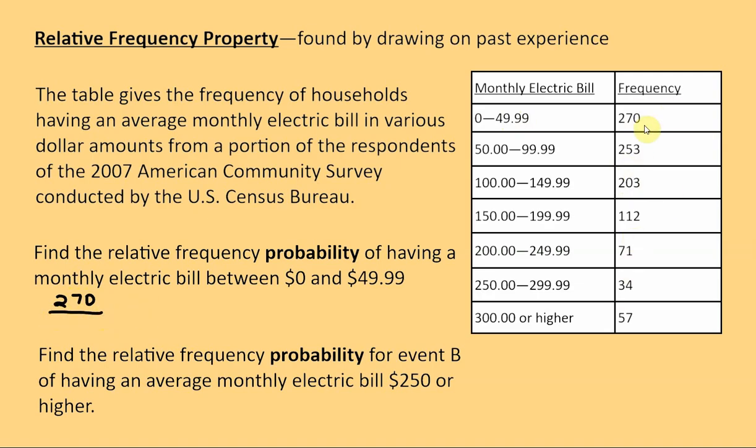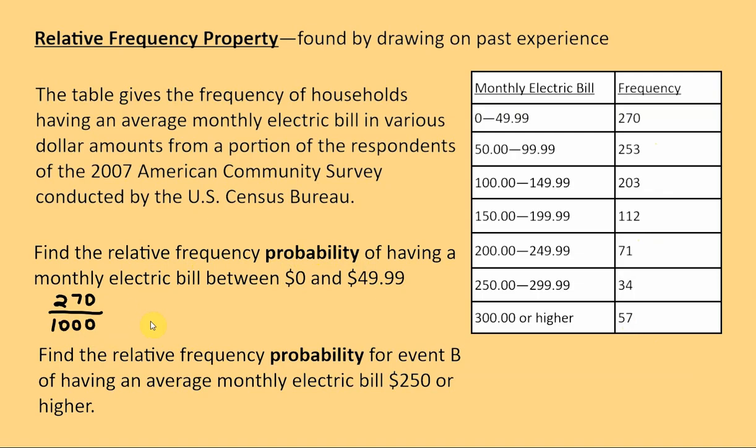So we're going to have to add up all the total frequencies. So if I add up 270 plus 253 plus 203 plus 112 plus 71 plus 34 plus 57, I get 1,000. So that would give us the probability of having the electric bill between 0 and $49.99.